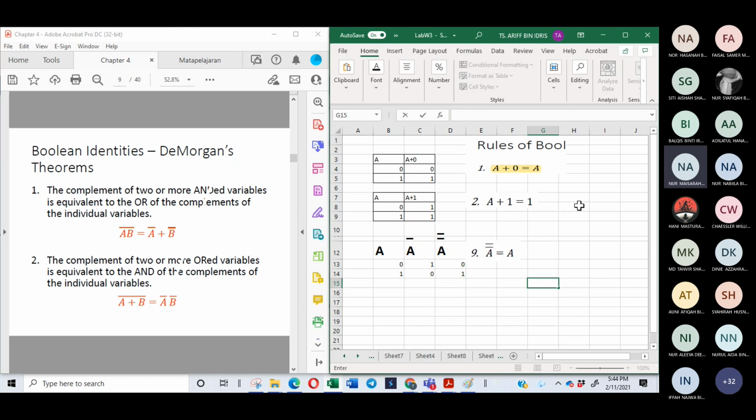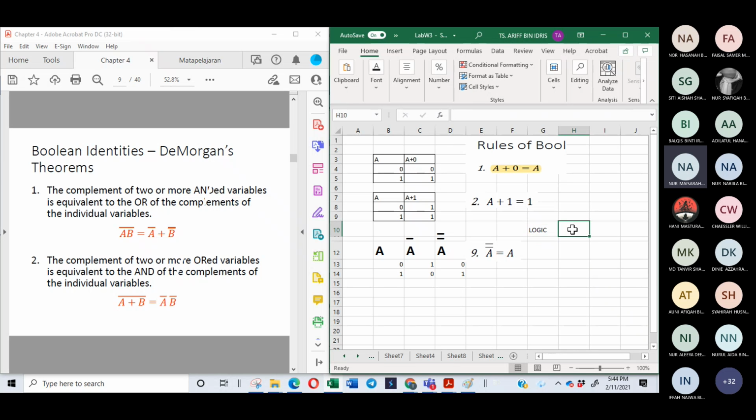Okay, we are talking about logic gates. In logic gates, plus means OR. For logic gates, it is different from arithmetic. In arithmetic, 1 plus 1, we have 0, carry forward 1. This one we call logic.